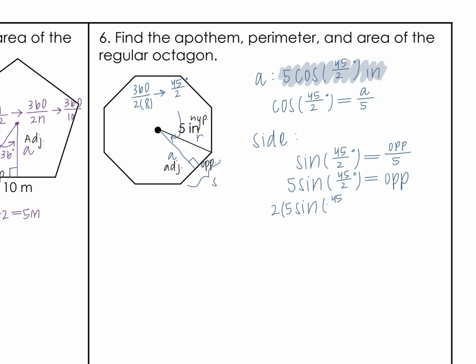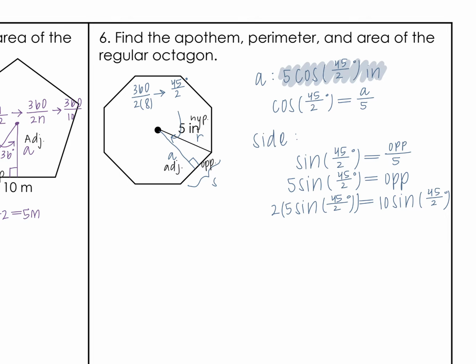Okay, and just to clarify, once again, remember when you're doing this, it's just going to be those outside numbers that you are multiplying together. You should still have that sine of 45 over 2 degrees. That won't change. So 2 times 5 is going to give me 10, and we'll have that sine of 45 over 2 degrees.